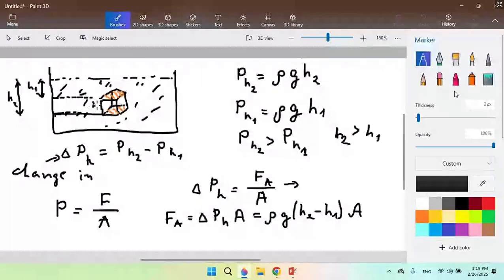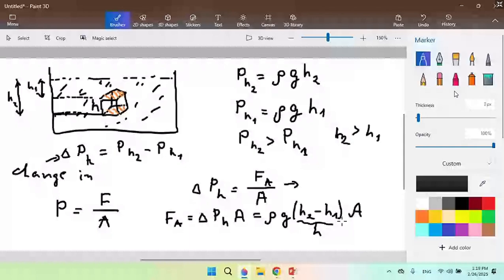It will be this H, which is the height of the body, in this case, the length of the side of the cube. So that's just H.